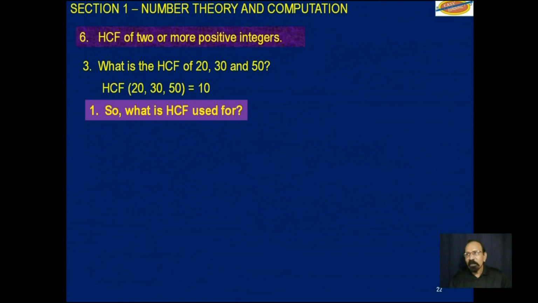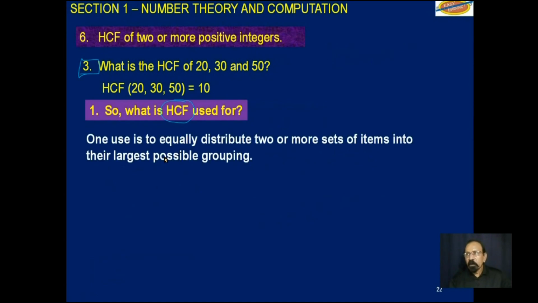Okay, so what use is HCF? Why do you need to know HCF? So we will use this third example and another one. One use is to equally distribute 2 or more sets of items into their largest possible grouping.